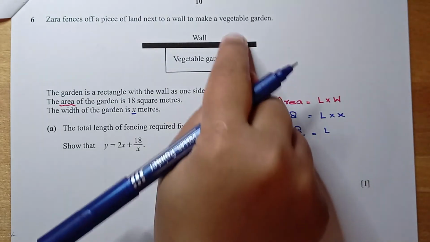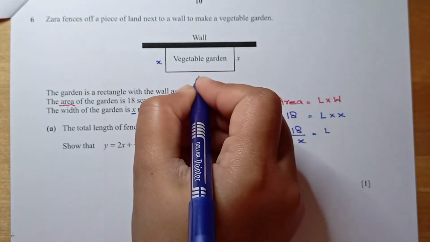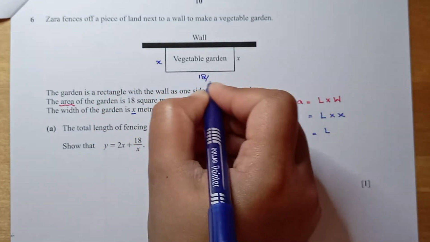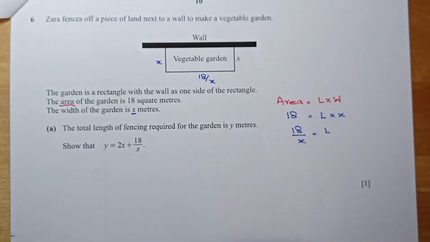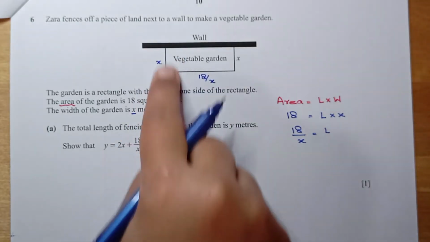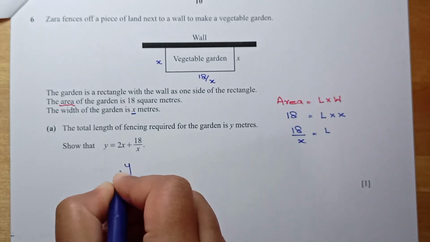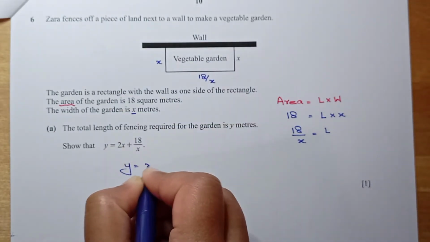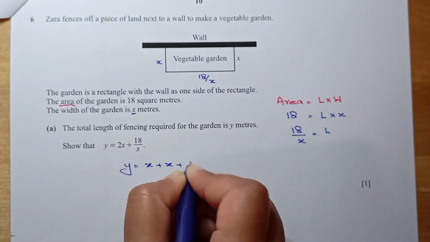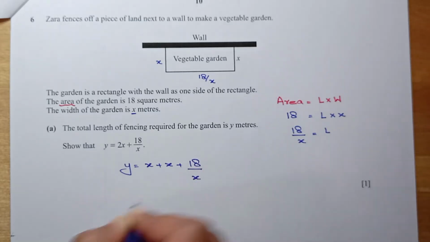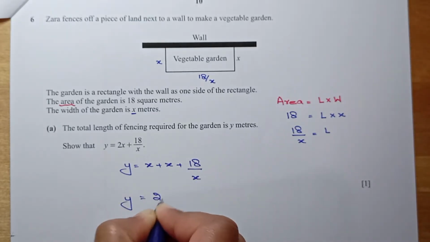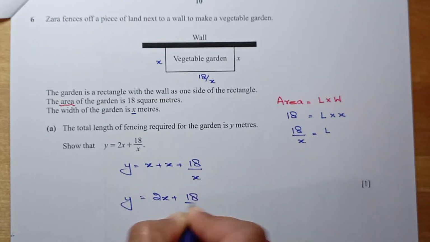So if this side is x, this side is x, this side is 18 over x. Y is the total length of fencing, the sum of all three sides. So we have x plus x plus 18 over x. So y equals 2x plus 18 over x.